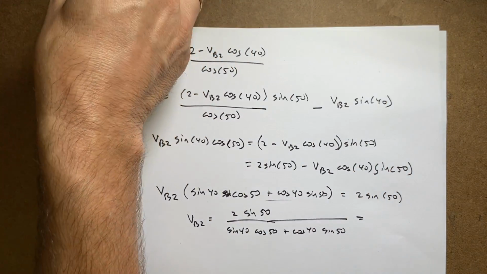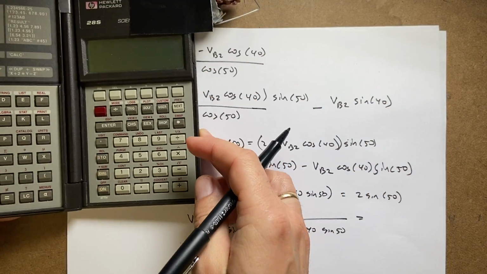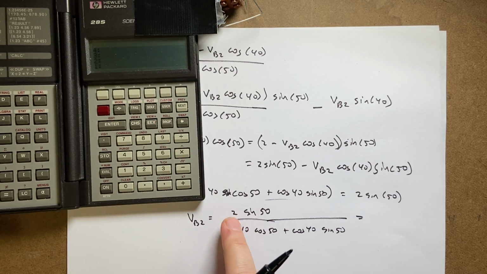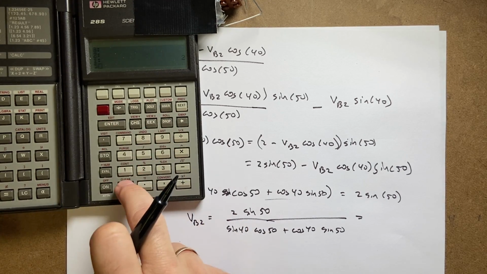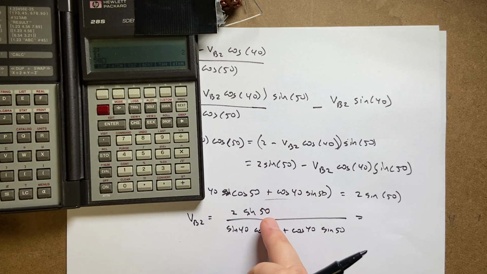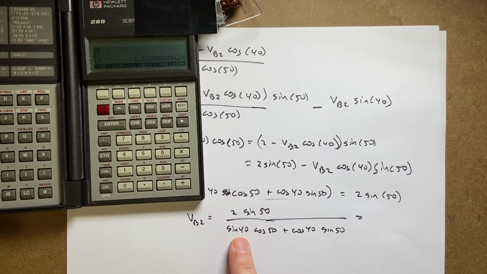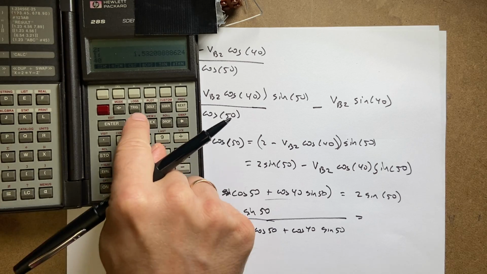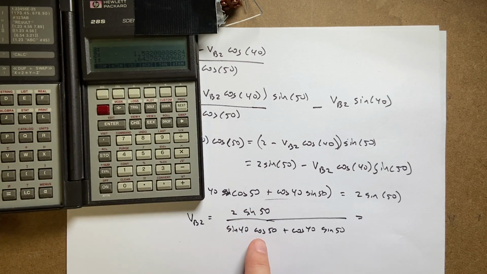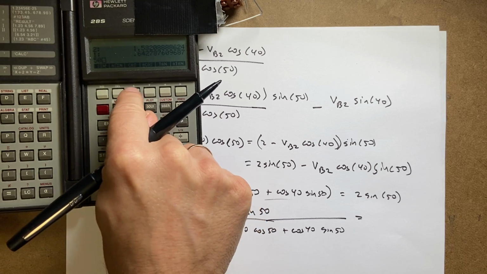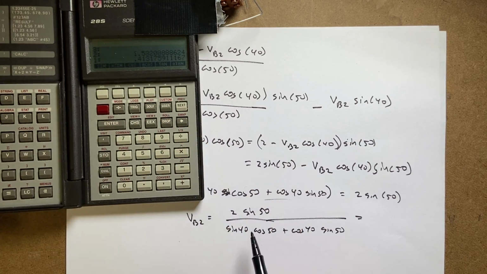So let me get my calculator out right here. This is up here: 2 enter 50 sine times. That's the top. Now I'm going to do sine of 40, and then multiply by 50 cosine. So that's that number right there.